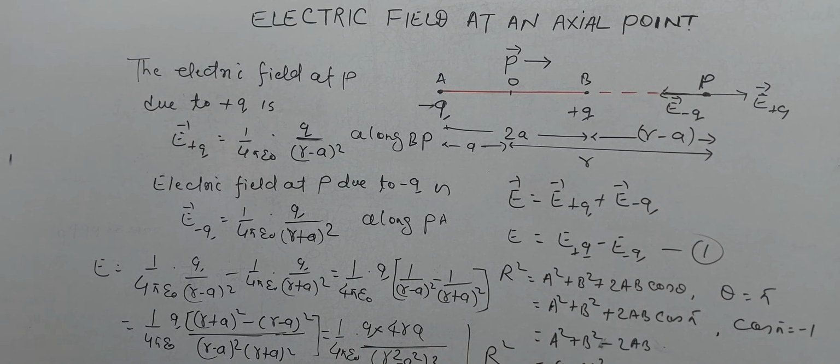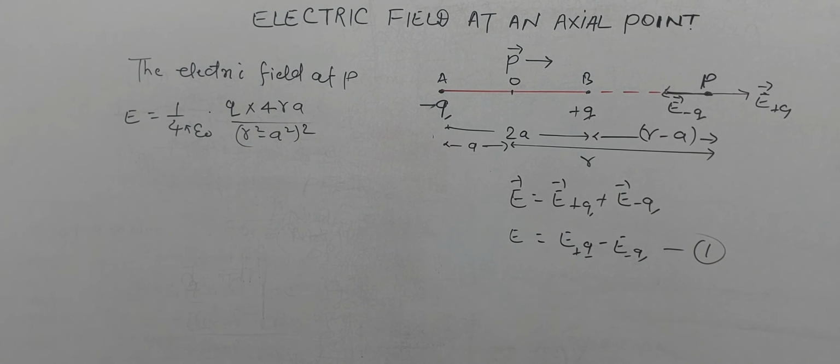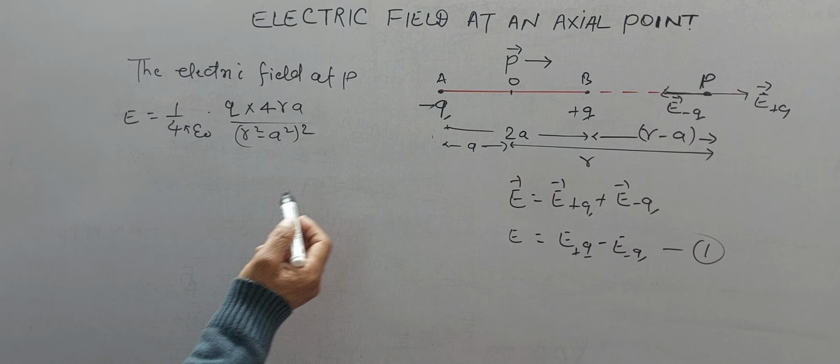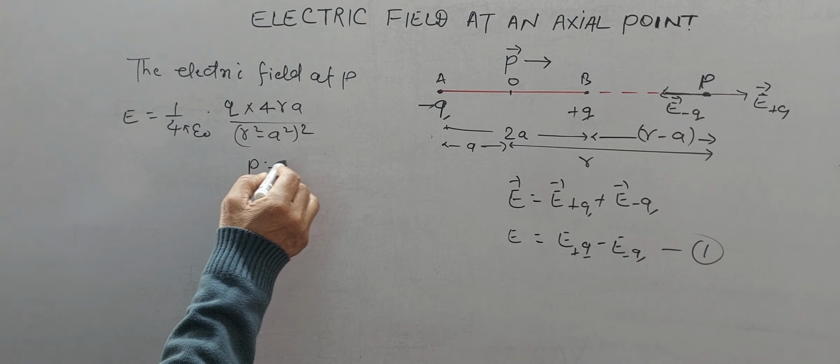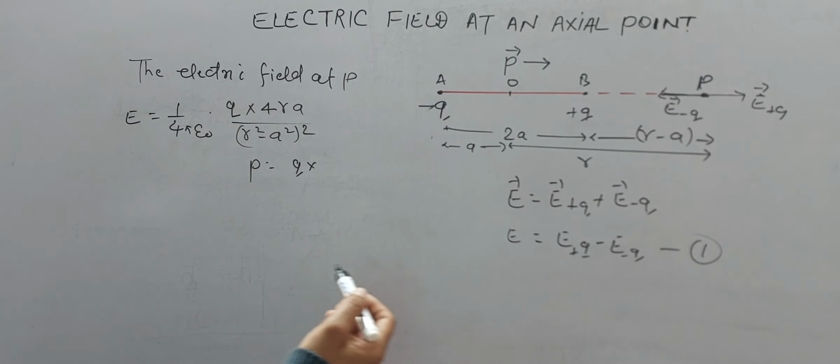Now, using the dipole moment on simplification, we know that the dipole moment P is equal to charge multiplied by the distance between minus q and plus q.